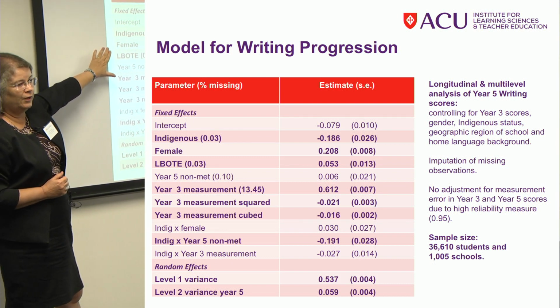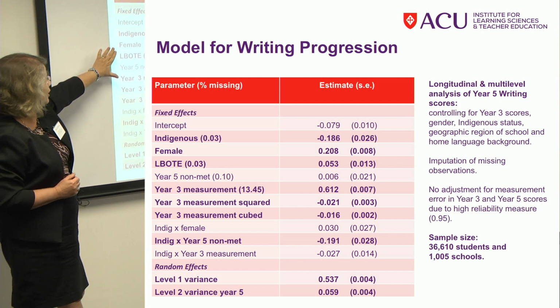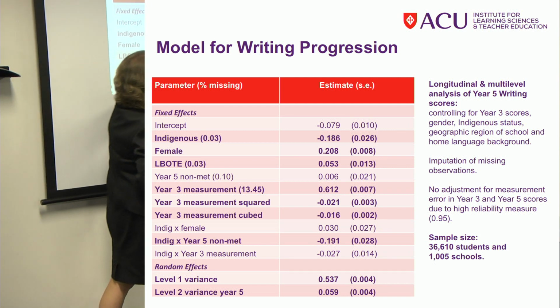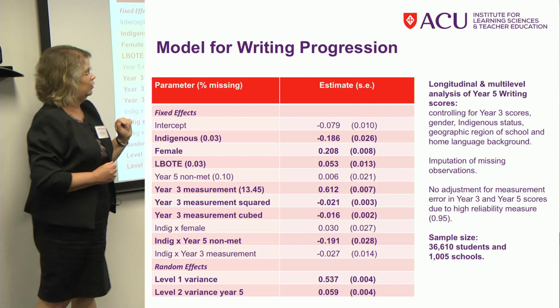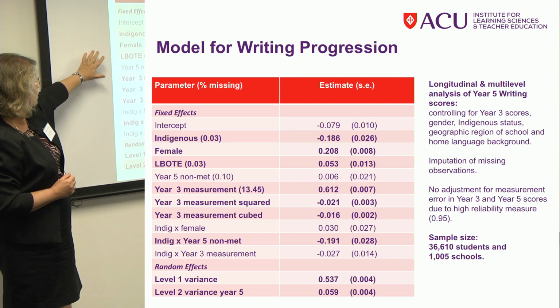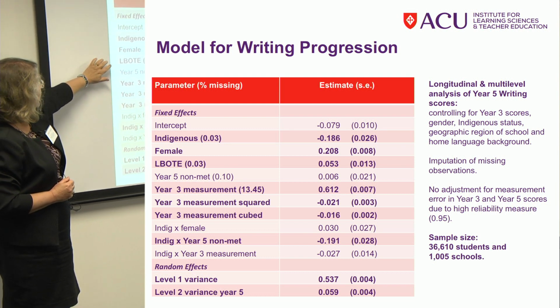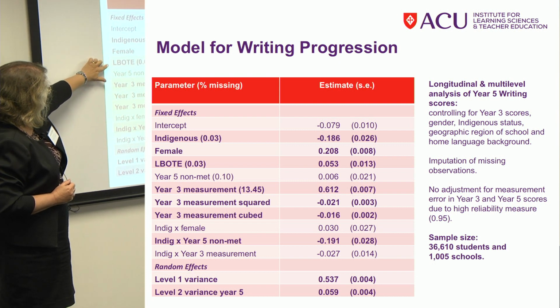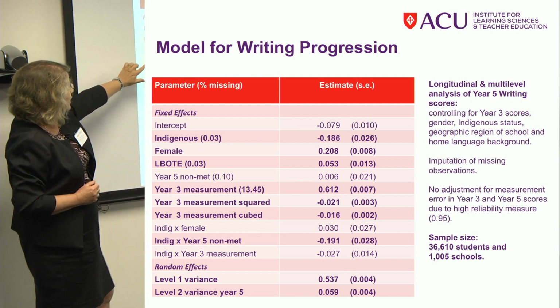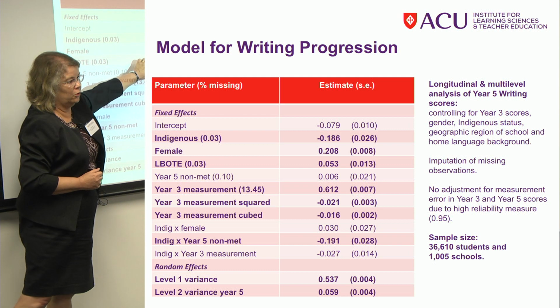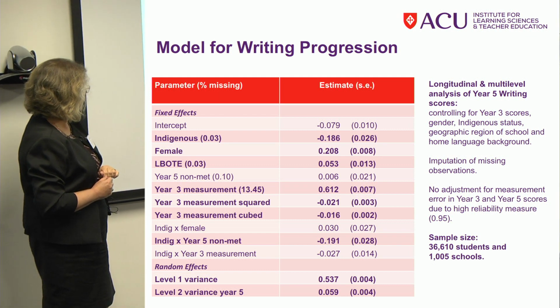This time the female progression is a lot higher than males, with a coefficient of 0.2 rather than 0.06, I think it was. And the students classified as ELBOWED actually have a higher progression than those who are not in writing.